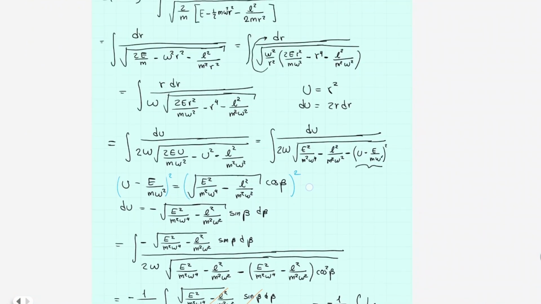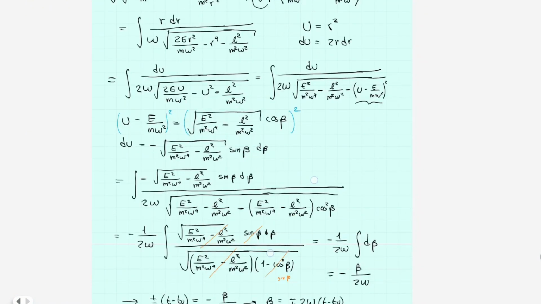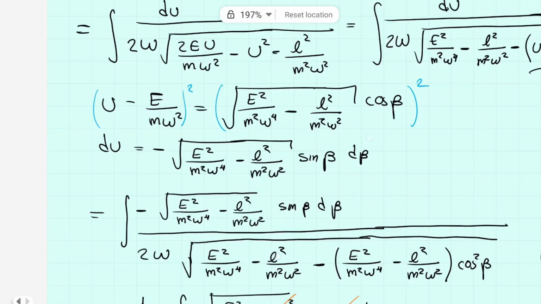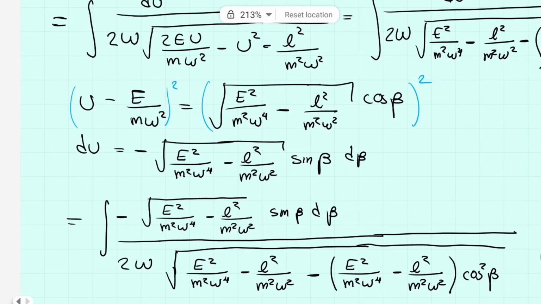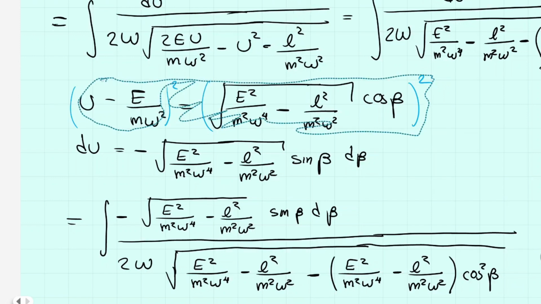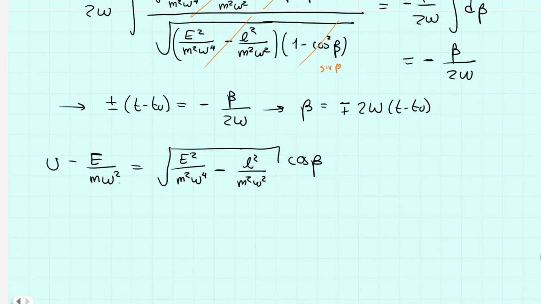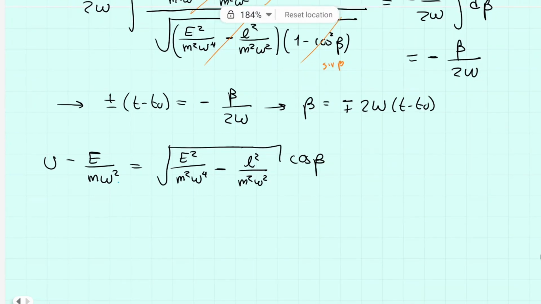Just to see it, let me remind you that we had this change of variable, okay? And we just found beta, so we need to take all this and replace beta with this expression here.